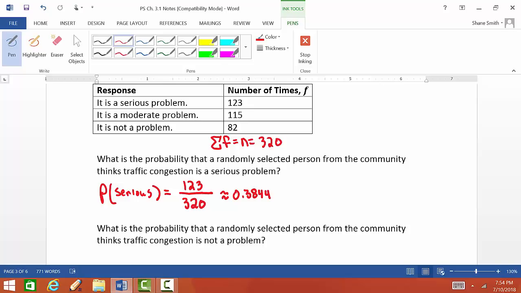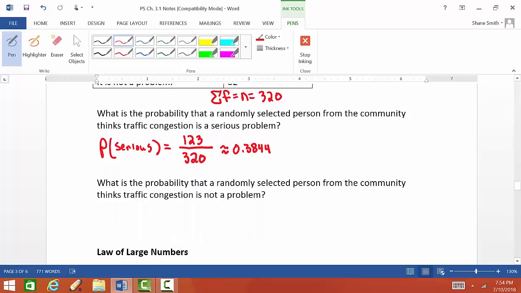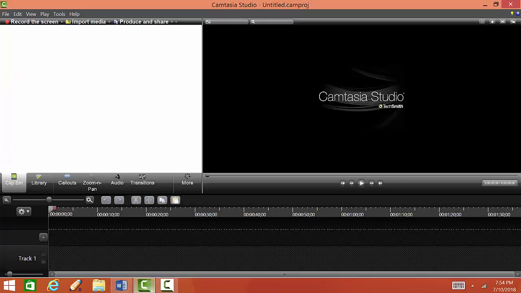So in other words, if I were to ask 100 people, I would expect approximately 38 out of those 100 people to think traffic congestion is a serious problem. And we could do the same thing, but this one is about no problem. And similarly, there's 82 over 320. All right, and that's an example of empirical probability.